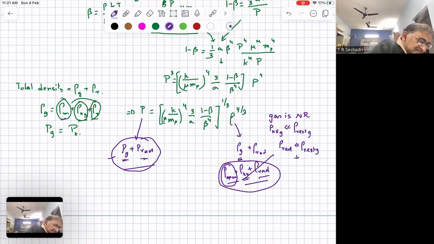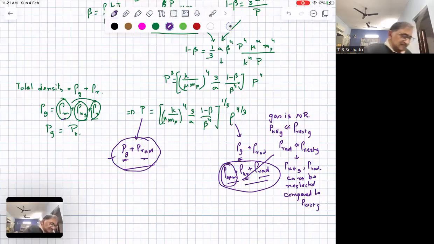And hence, rho KE gas and rho radiation can be neglected compared to rho rest mass of gas.